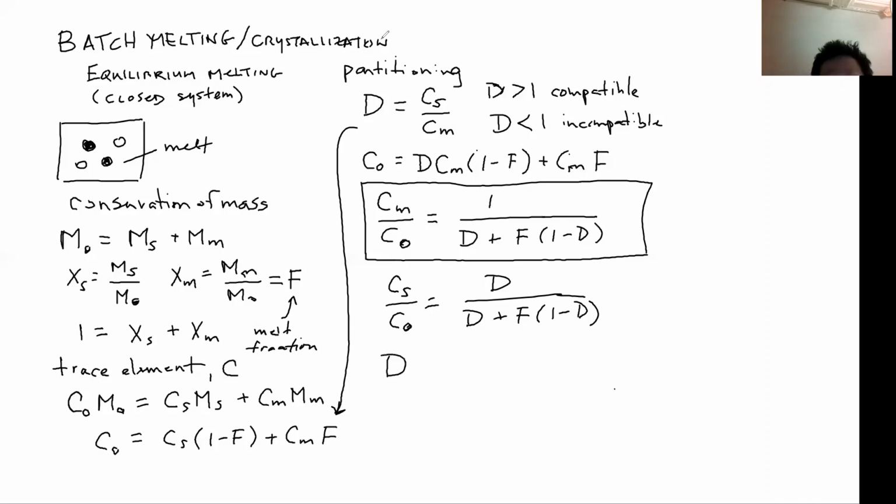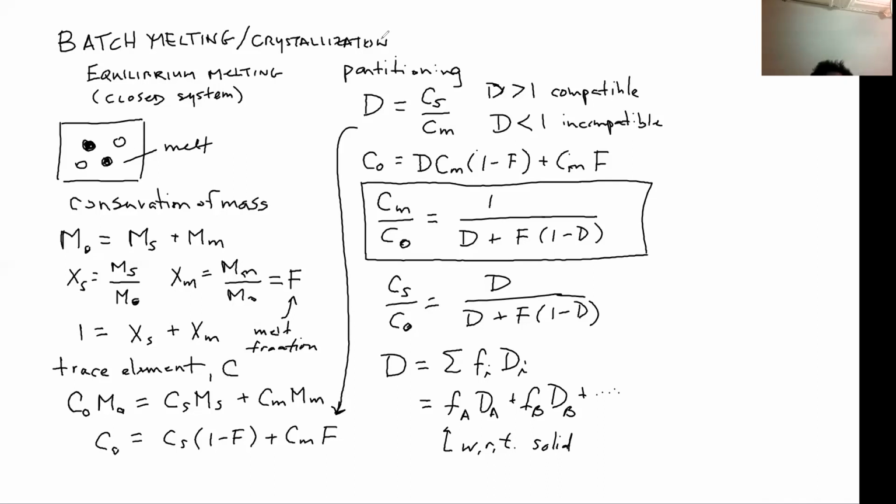And so D up there is really the sum of the mass fractions of each mineral phase times the D for a given phase. In other words, it might be the fraction of phase A times D of phase A plus FB times DB, and so forth, okay? And F right here is with respect to the solid, not the bulk system.